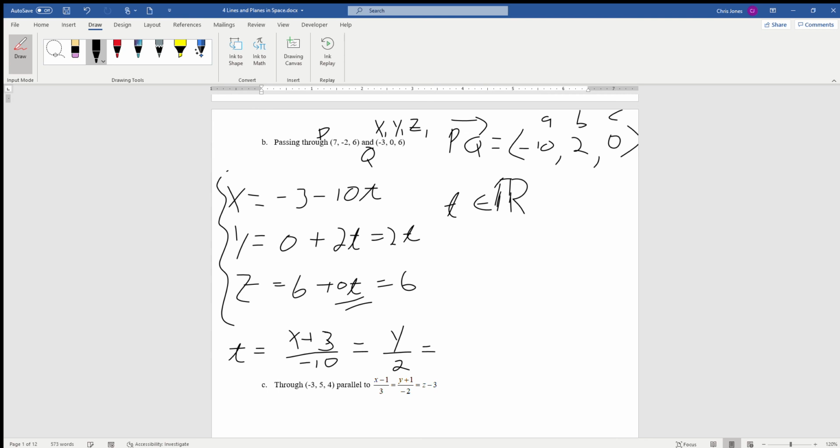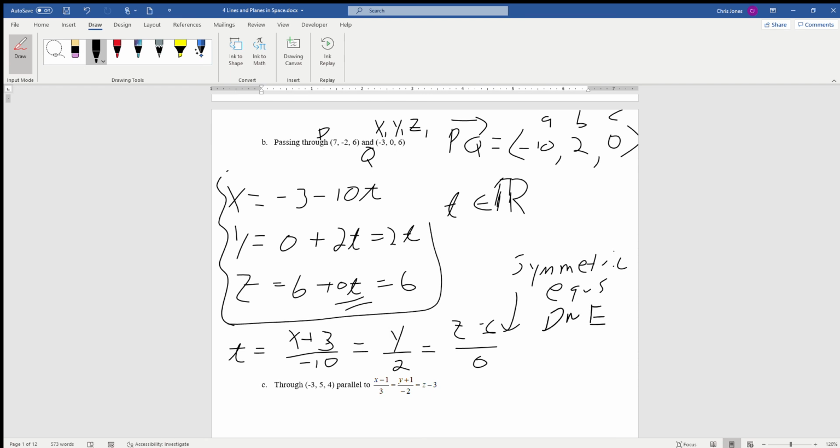And then finally, for the third one, we get z minus 6 over 0, which means that the symmetric equations do not exist. So for this one, we're only worried about the parametric equations.